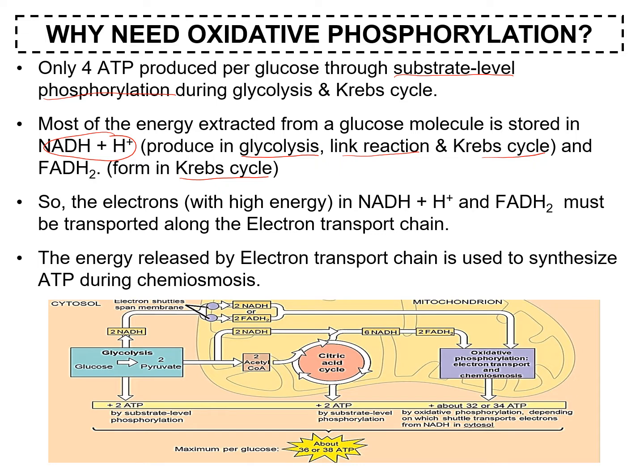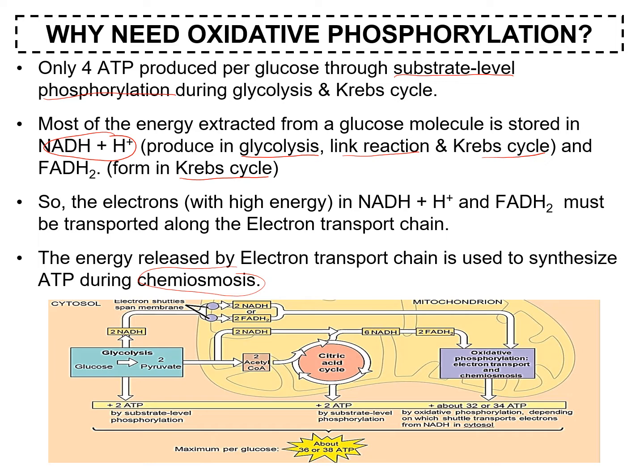How do we harness the energy? By using the electrons that they carry. So the electrons within the NADH and FADH2 must be collected through the electron transport chain along with chemiosmosis. The energy released by the electron transport chain will be used to synthesize ATP during chemiosmosis.